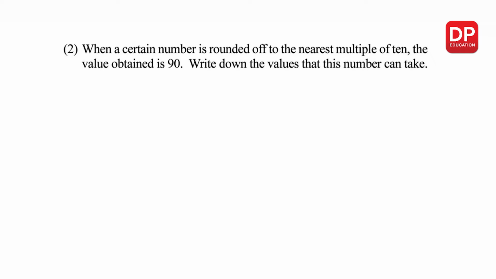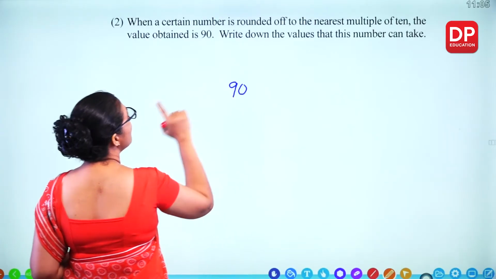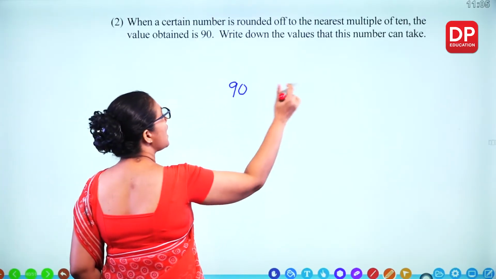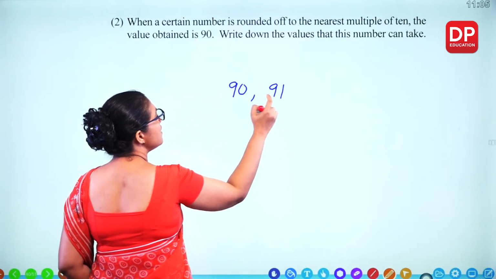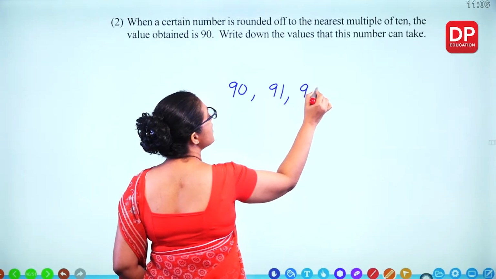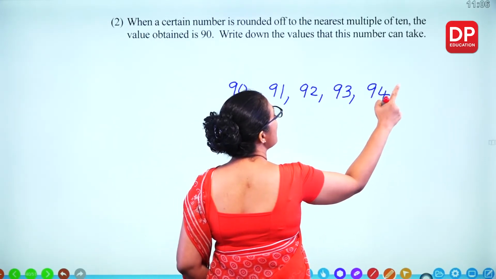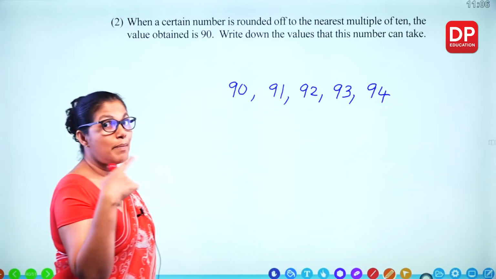When a certain number is rounded off to the nearest multiple of 10, the value obtained is 90. Write down the values that this number can take. So towards this side, you can take 91. We are not adding 92, 93, 94. Can we take 95? Then it becomes 100.